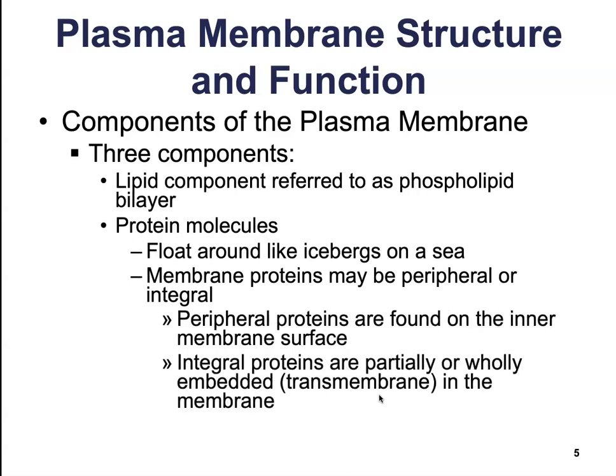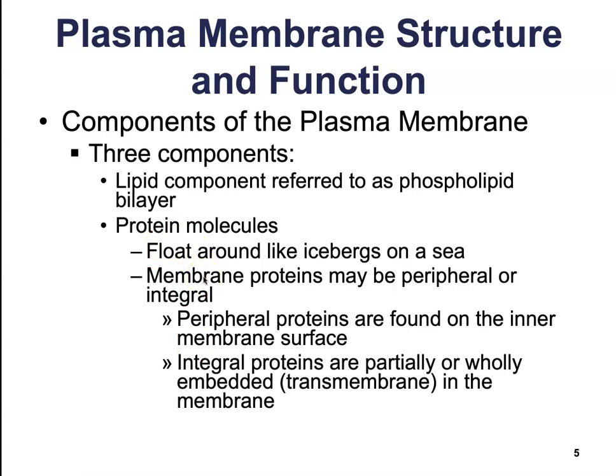Like I said, the membrane is not only made up of phospholipids. That is a major component, but there are other components as well. We just talked about the lipid component, the phospholipid bilayer, but there are also proteins. These protein molecules can move around the membrane, so they can float around like icebergs.